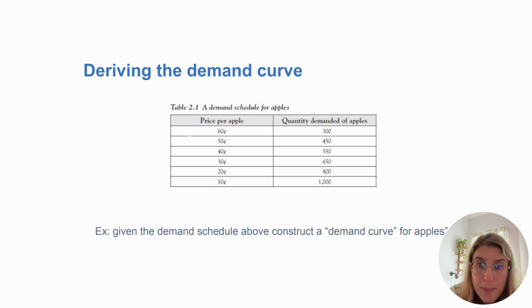But as the price falls from 60 cents to 50 cents per apple, the demand for apples increases to 450. So as the price falls, the quantity demanded rises as well. At 20 cents, the demand rises to 800, and at 10 cents per apple, the demand rises all the way up to 1,000.